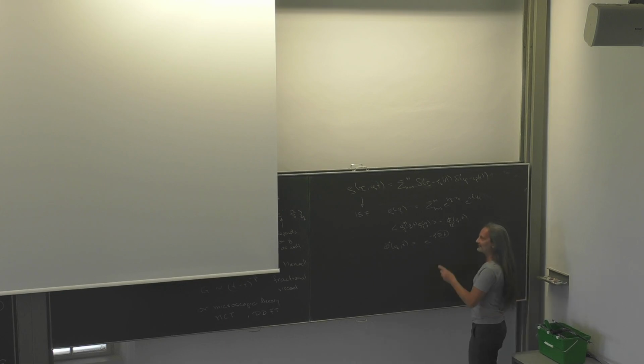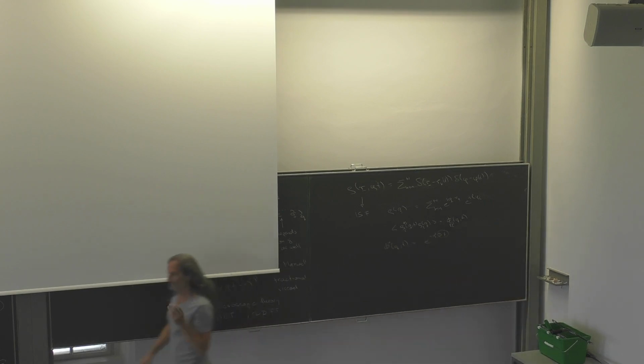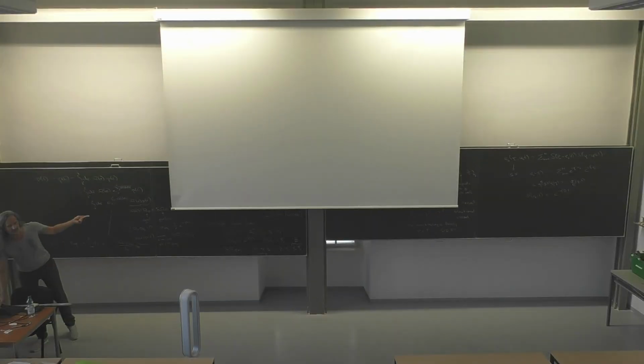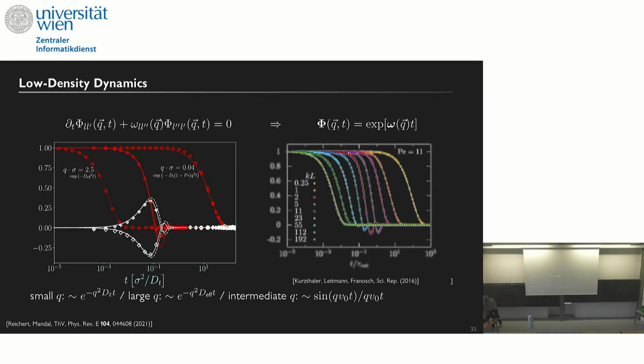I claim the active Brownian particle, if it's alone, also relaxes exponentially. It's still e to the minus q squared times a mean square displacement. This is how exponential relaxation looks for active Brownian particles. So these red things that you see, I claim are just exponentially relaxing functions.